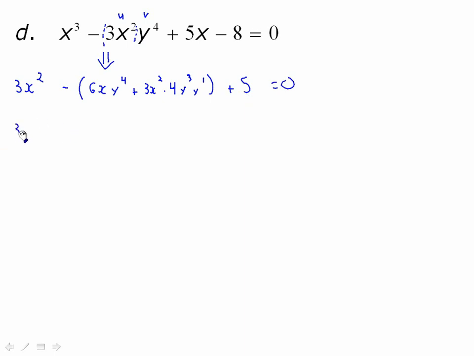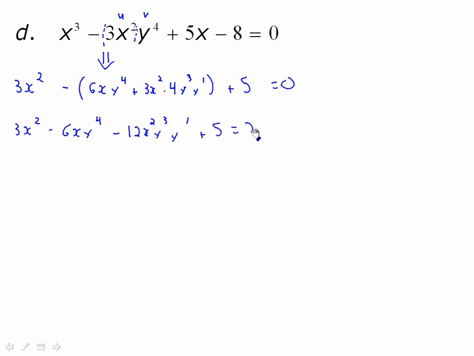So this becomes 3x squared minus 6xy to the 4, and then this second term would become negative, and then 3 times 4 is 12, x squared, y to the 3, y prime. And then plus 5 is equal to 0.